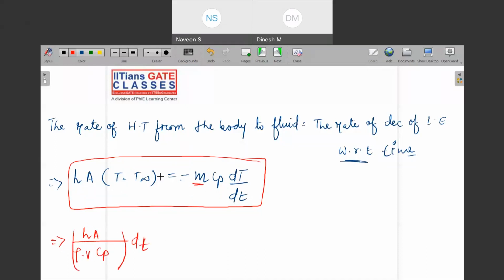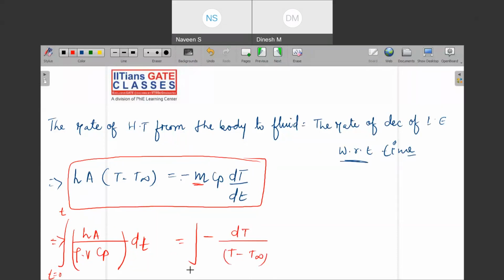So this is hA over rho V Cp into dt, the time. Then if you take the limits of integration, I have started from 0 to some time t that I am interested in. This is equal to the integration of minus dT divided by T minus T infinity.